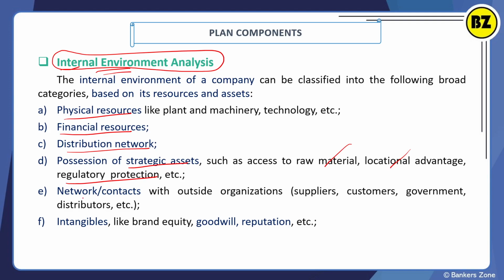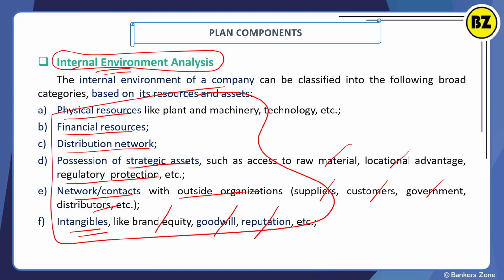Then the network or contacts outside the organization, for example with suppliers, customers, the government or distributors. Intangibles, for example goodwill, reputation and brand equity. So you must consider these factors while doing the internal environment analysis.